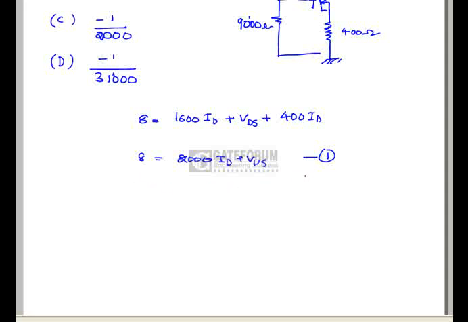And take the derivative of equation 1 with respect to VDS. That is 0 equals 2000 dID by dVDS plus 1, so dID by dVDS, which is the slope of the ID versus VDS load line, is equal to minus 1 by 2000. This is option C is correct.